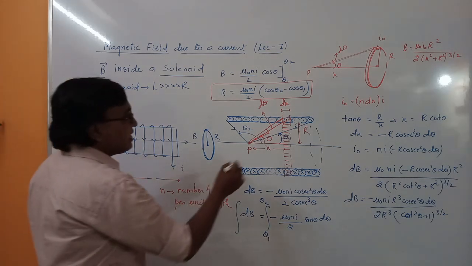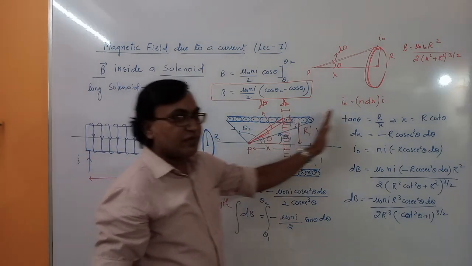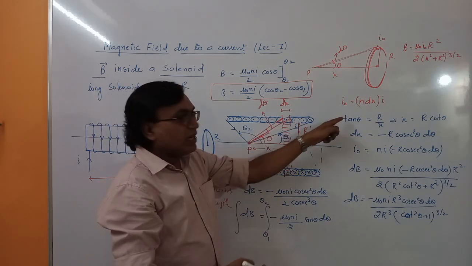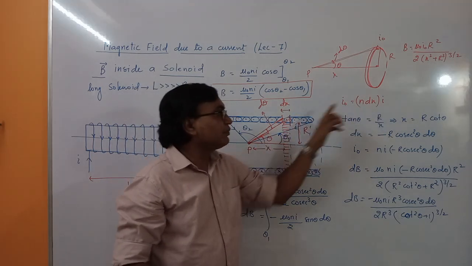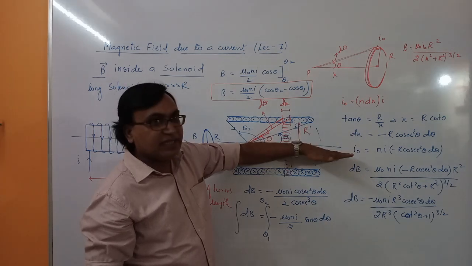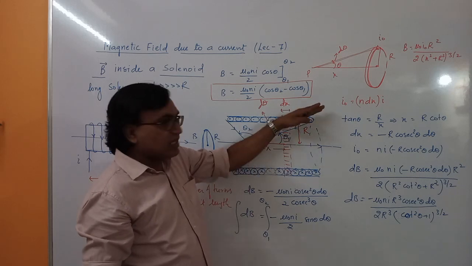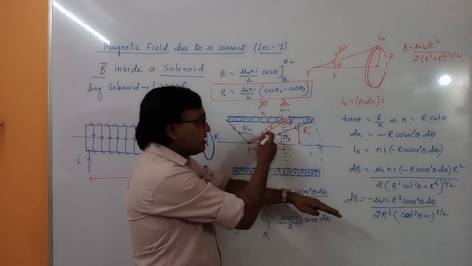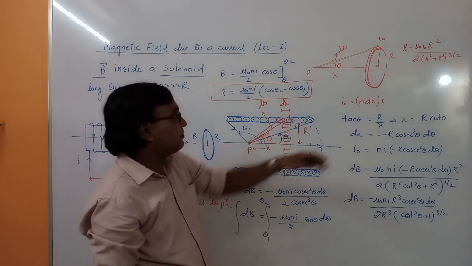Then what will happen, see here. If this is very long, and this line goes on increasing, this theta 1 will go on decreasing. If it goes to a very large distance, theta 1 will become almost like this, and this is the direction, and the direction of this line is towards point P. So the angle will become 180 degrees.